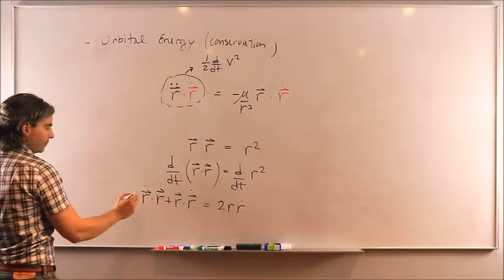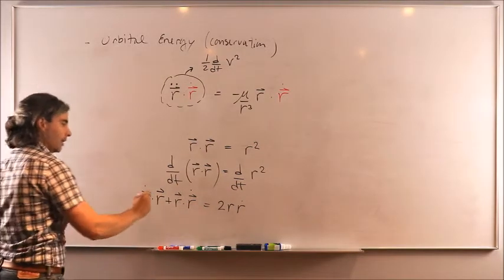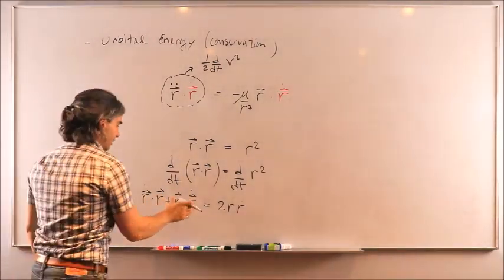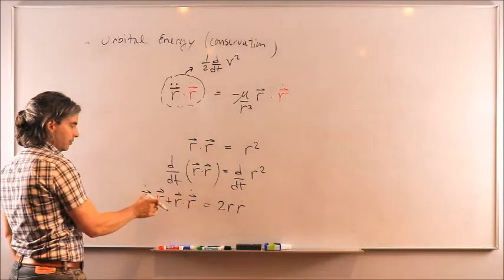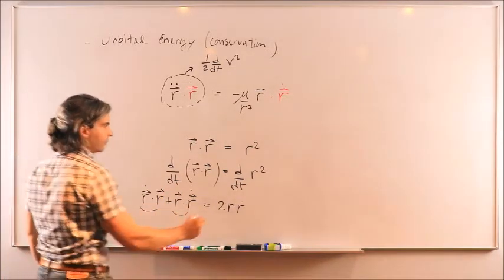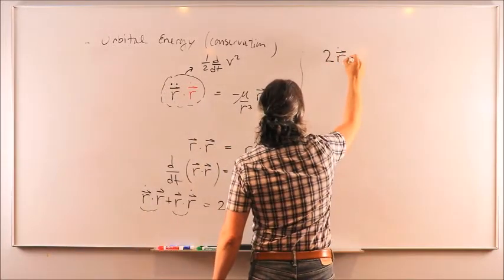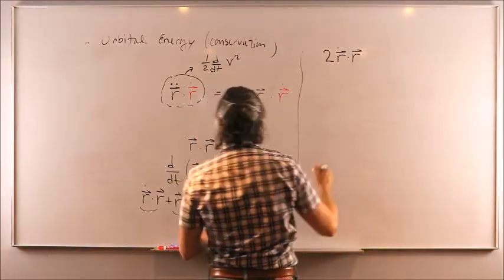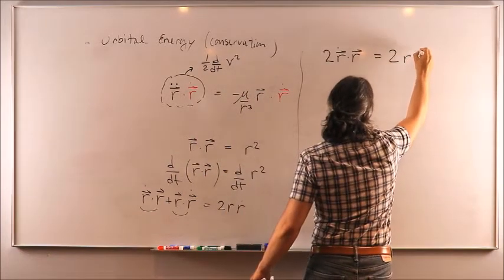Here, the velocity vector dotted with the position vector plus the position vector dotted with the velocity vector, because the dot product is commutative, means the order of the operation is meaningless. So those two terms are exactly the same. We come here and say that you have 2 r dot r equal to whatever we had on the other side, 2 times distance times speed.